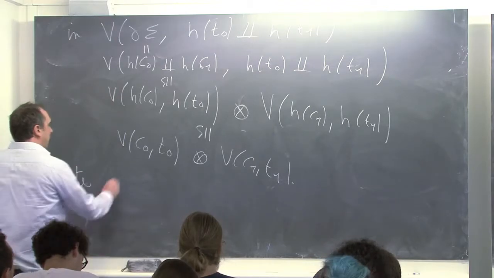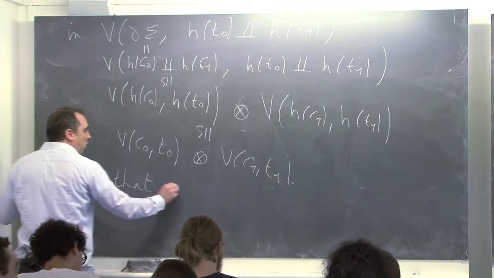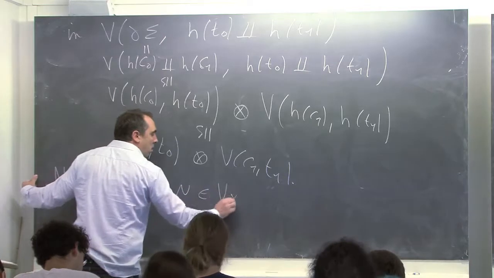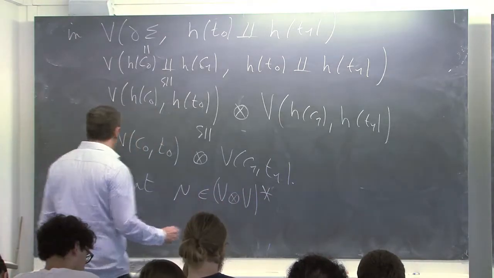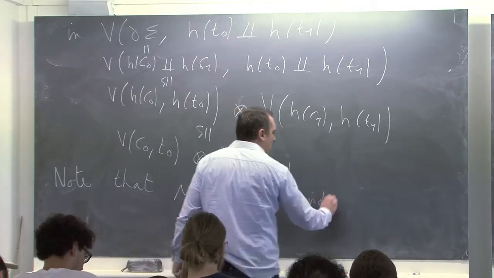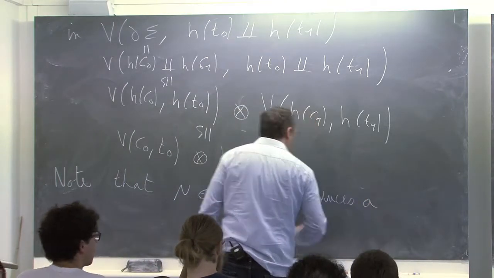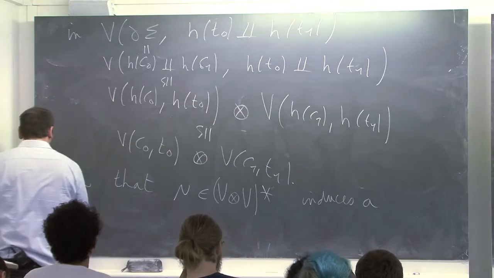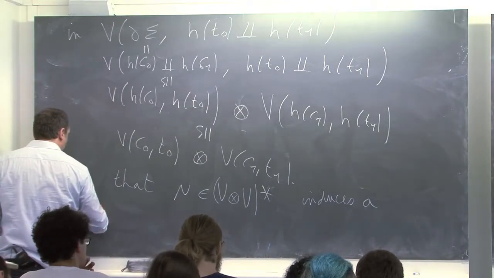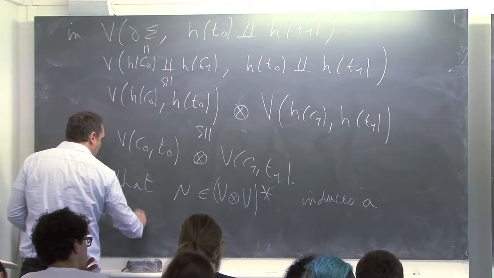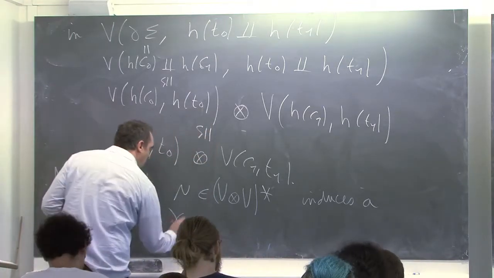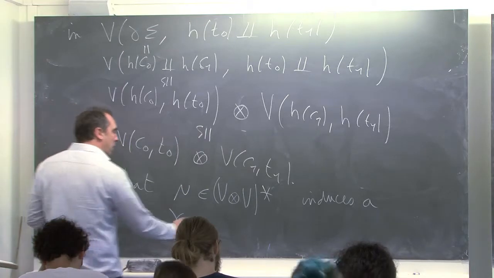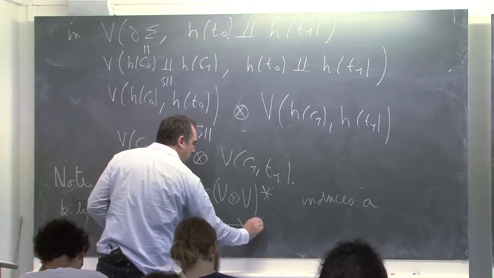Okay, so next, you can remark that this form mu induces a map, let's call it gamma, from V to V star.